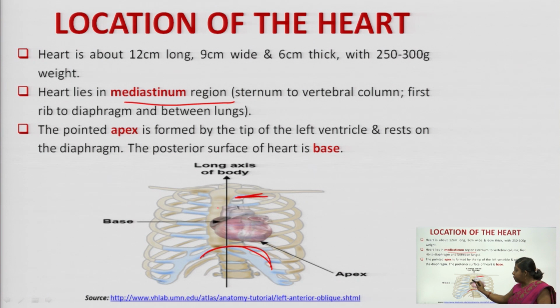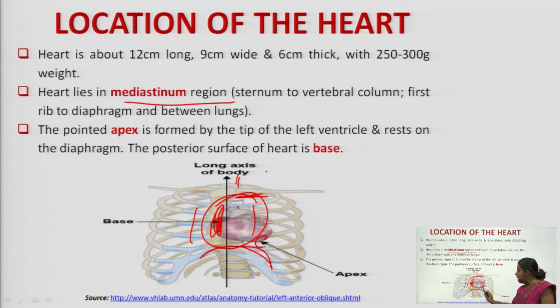Fine. Front portion anteriorly it is the sternum and back side it is the vertebral column. Fine. And on both sides it is having the lungs. So that is where your heart is situated or your heart is located. This region is your mediastinum region. Fine.